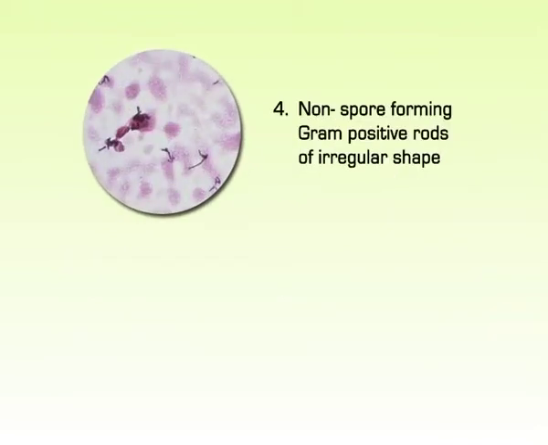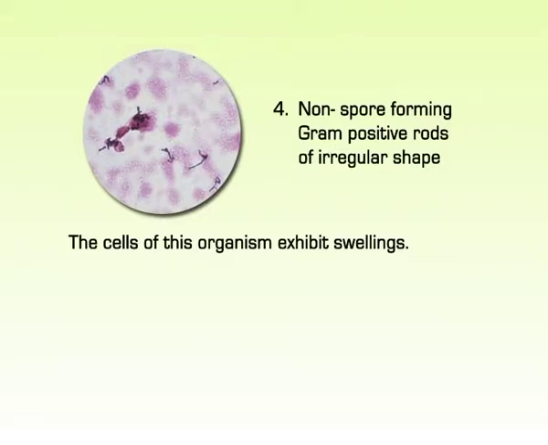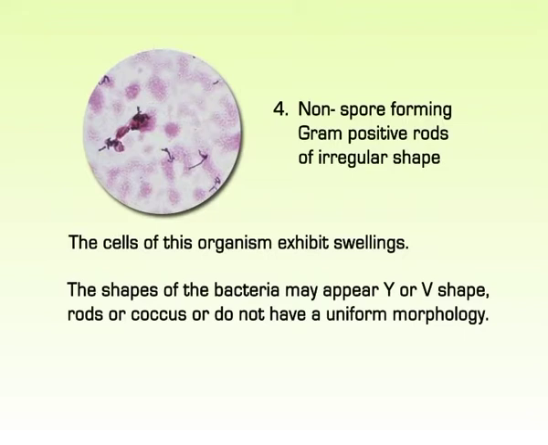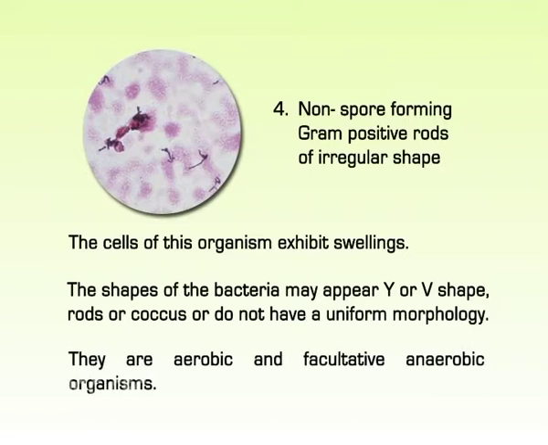The fourth point is non-spore-forming gram-positive rods of irregular shape. The cells of these organisms exhibit swelling. The shapes of the bacteria also appear Y or V shaped, rods or cocci, or they do not have a uniform morphology. They are aerobic and facultative anaerobic organisms.